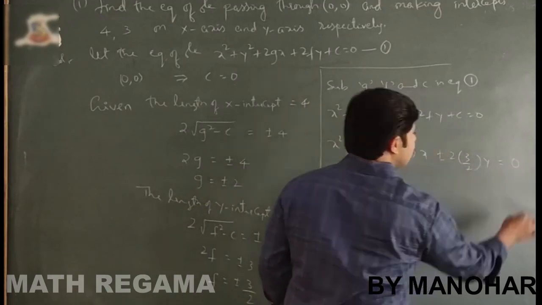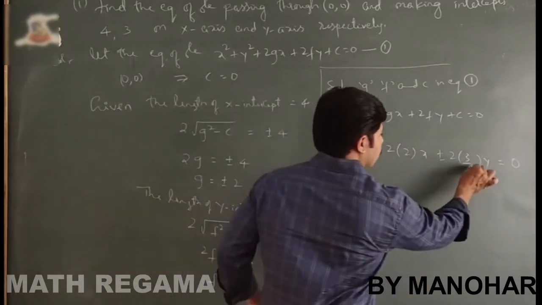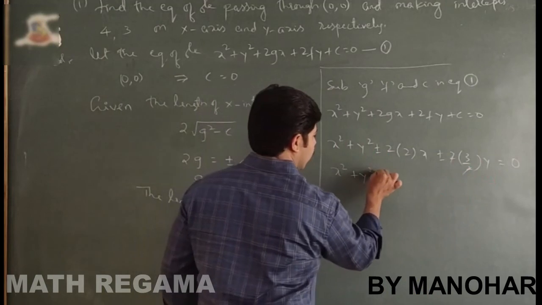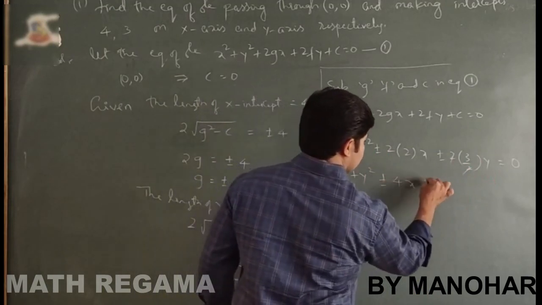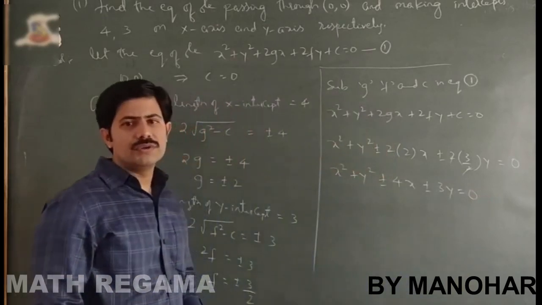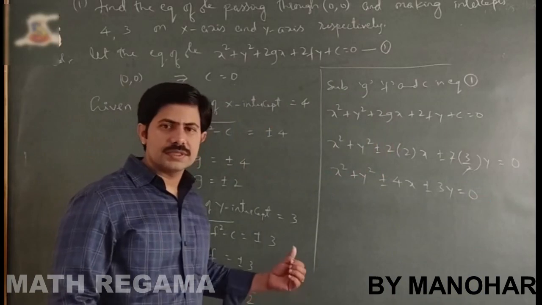C value is 0. Then the 2 we cancel. So what is the equation of circle? X square plus y square plus or minus 4x plus or minus 3y is equal to 0 is the equation of circle. So this is completed.